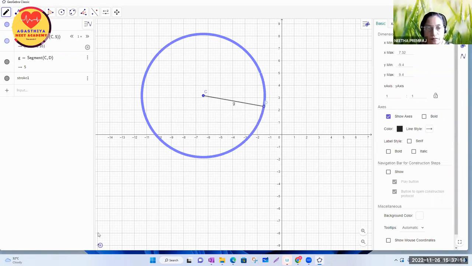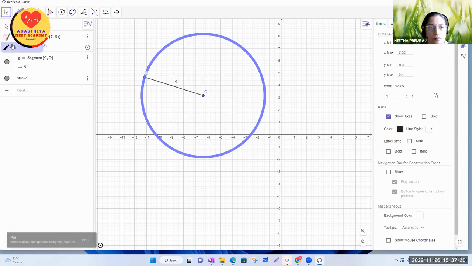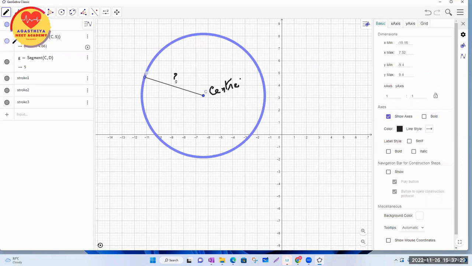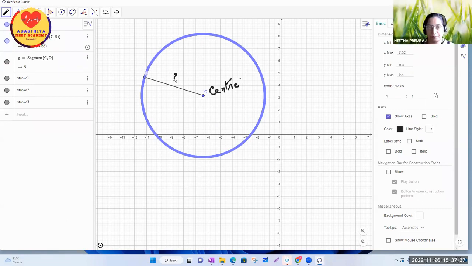So this is called the center, isn't it? What about this distance? This is the radius.